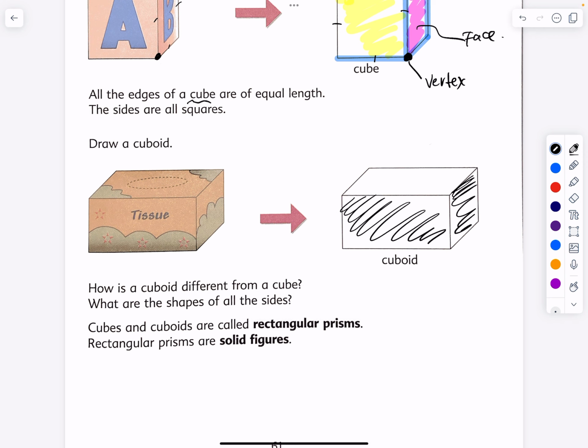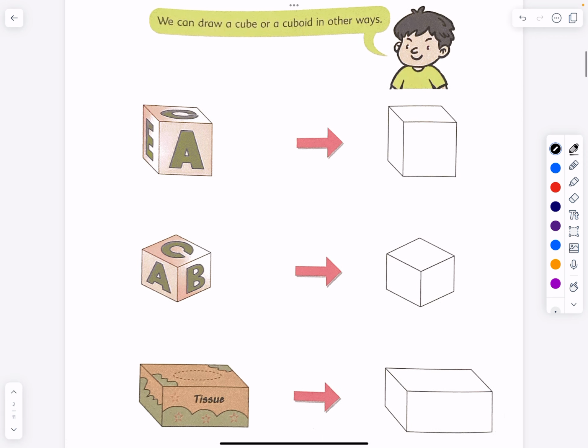Let's delete this. Okay, so how can we draw a cube in multiple ways? Well, I usually teach my students this way. This is the front face. Somewhere here, you will leave some space and you make the back face, and then you fill in the edges, right? These are the visible ones, and this is invisible.